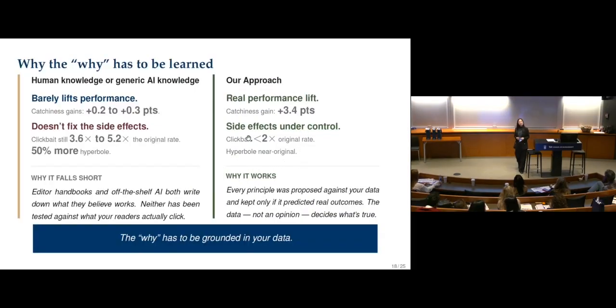The reason is that if you just ask a human or LLM to write the knowledge, it is not grounded on the data. Neither the human nor generative AI has a nuanced and deeper understanding of what exactly the audience would like to see given this type of platform or articles. Our method is proposed by the data and validated by the data.